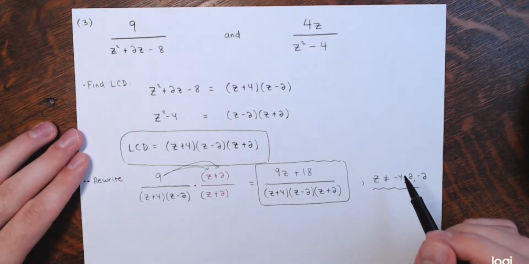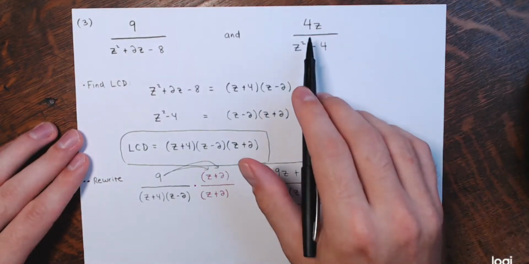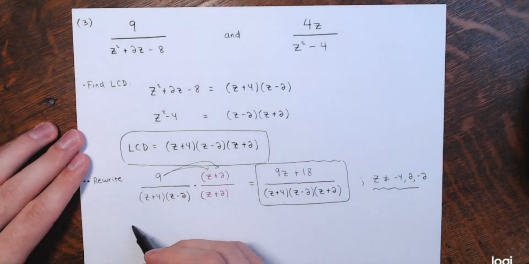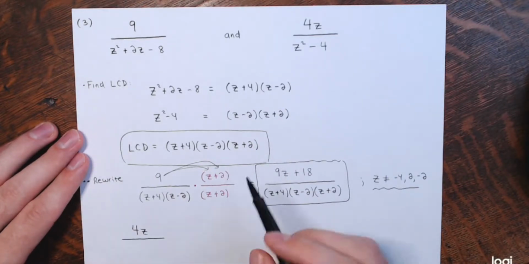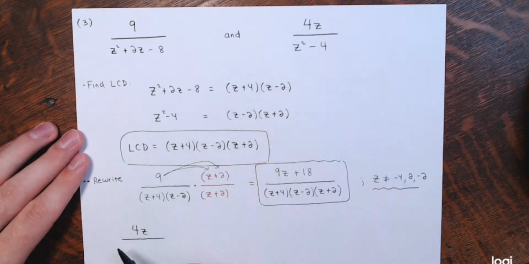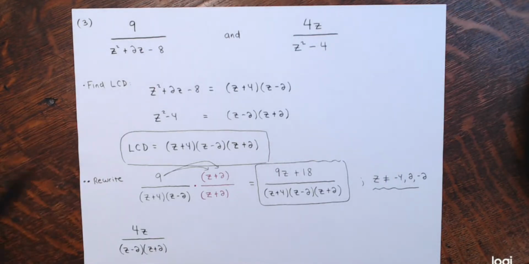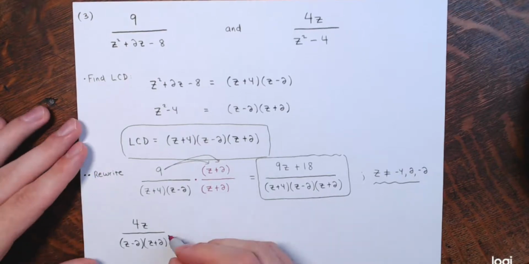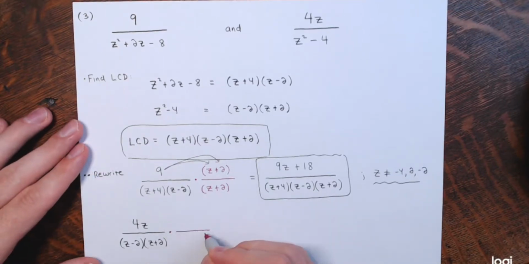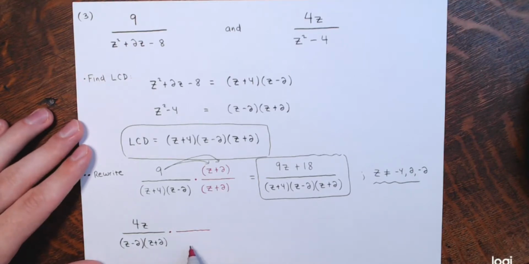Alright, so that was the first fraction. I'm doing the same thing with the second one. We have 4z over z squared minus 4. That's z minus 2 times z plus 2. And just as with the first fraction, I would like to multiply the denominator and the numerator by the same expression so that the denominator is now going to be the LCD.